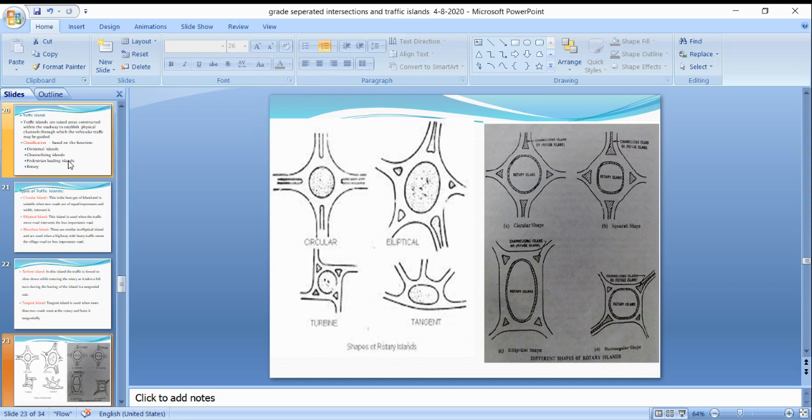Where there is a least important road, we provide the elliptical island. And where there is equal width, we provide the circular island.